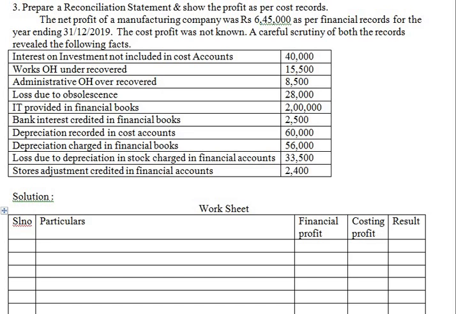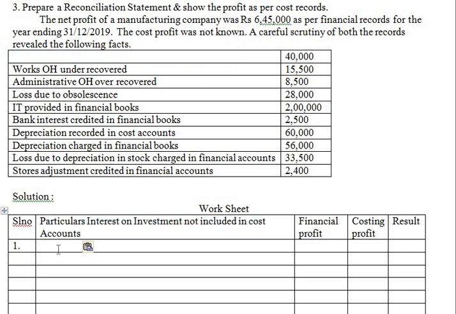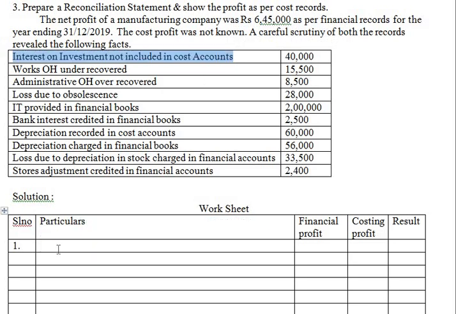Yes, now first point. Interest on investment not included in cost accounts.